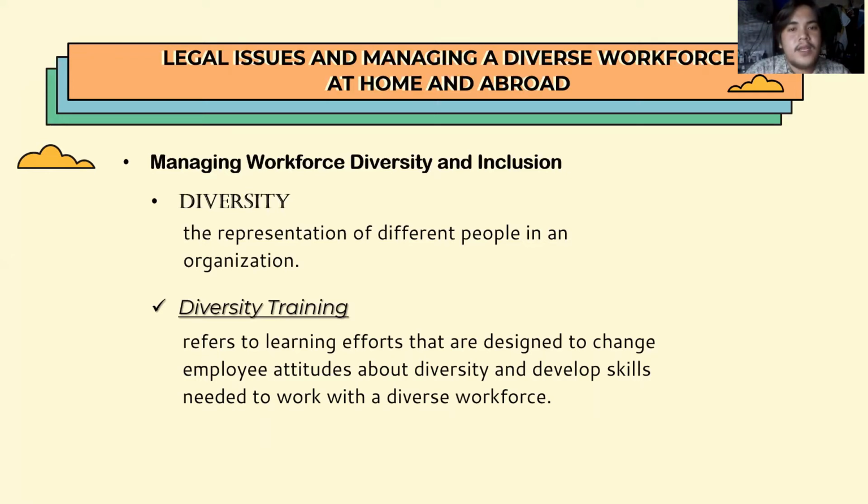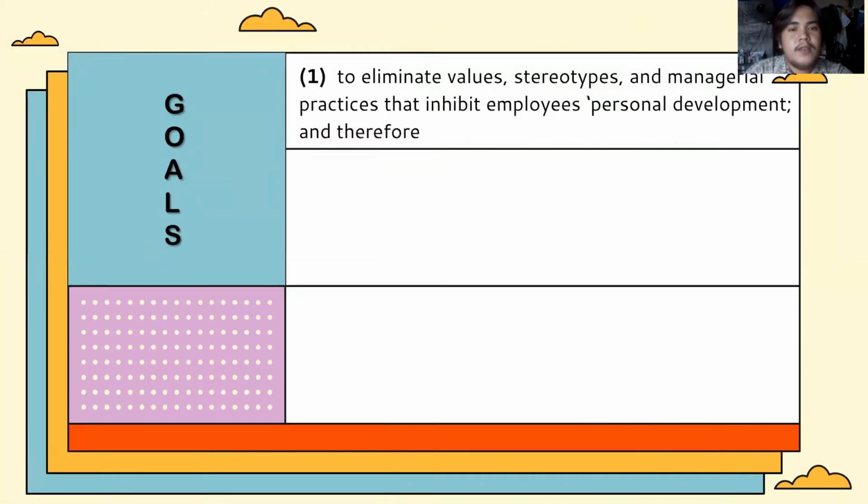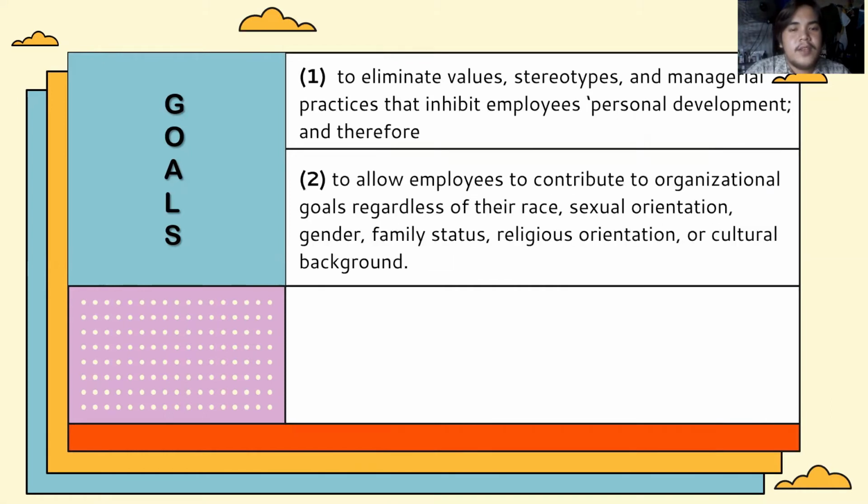Diversity training has two goals: first, to eliminate values, stereotypes, and managerial practices that inhibit employees' personal development, and second, to allow employees to contribute to organizational goals regardless of their race, sexual orientation, gender, family status, religious orientation, or cultural background, which are protected by Equal Employment Opportunity or EEO laws.